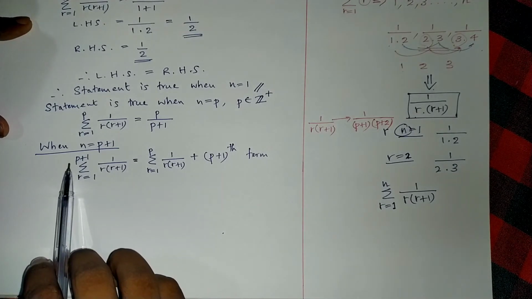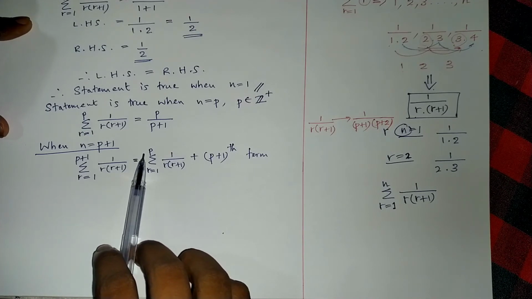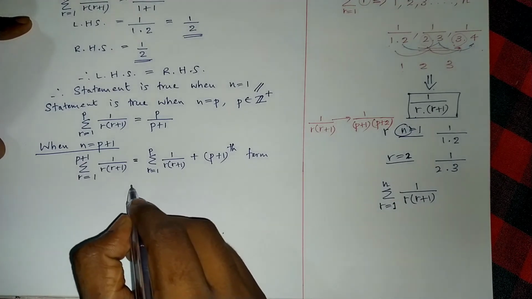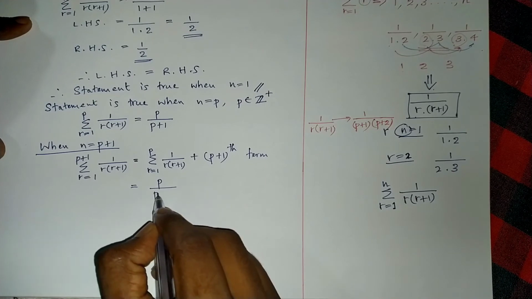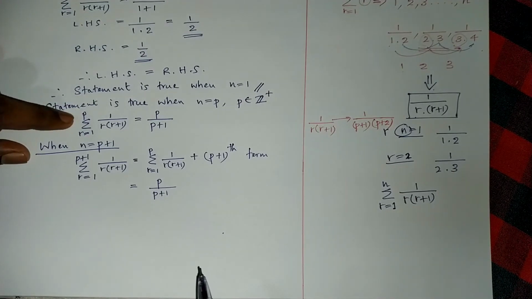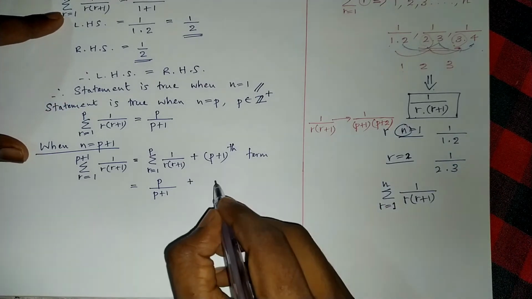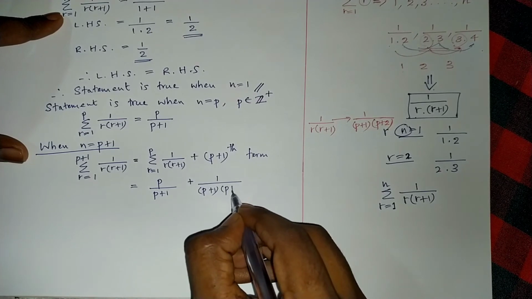Sigma r equals 1 to p plus 1 can be written as sigma r equals 1 to p plus the last term, the p plus 1th term. This is equivalent to p over p plus 1 from our assumption, from this one. This is p plus 1, so the p plus 1th term is 1 over p plus 1 into p plus 2.